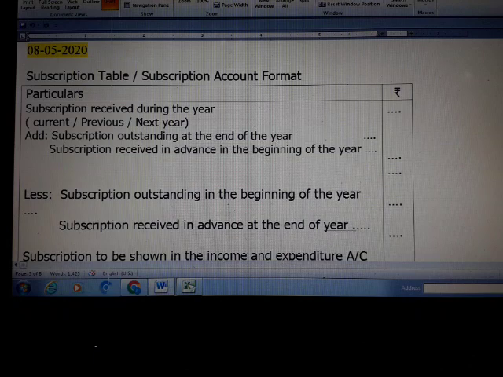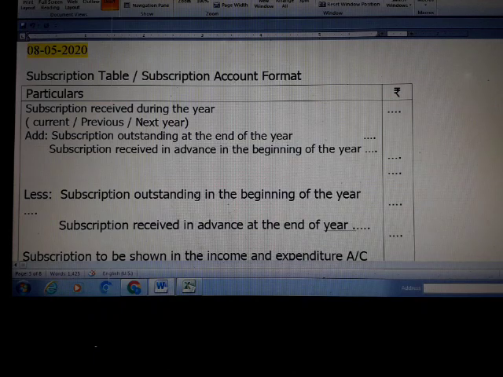During this period, if you have been given in the question an outstanding subscription on 1st April 2019, that was the closing outstanding balance for the previous year, 31st of March 2019.